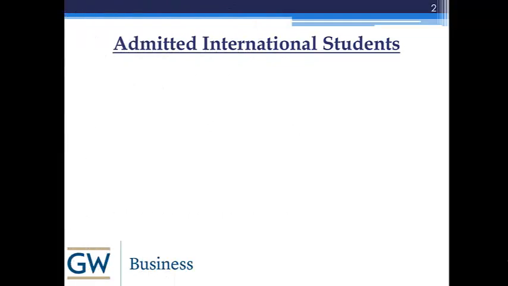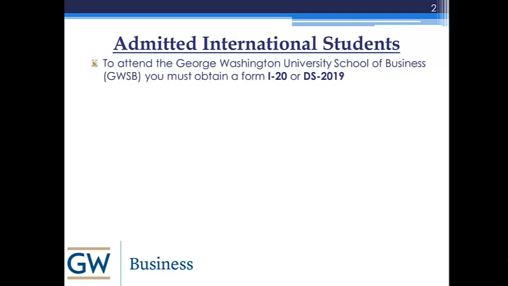In order to attend a university in the United States, you must obtain an F or J1 student visa. To obtain the visa, you must first receive a Form I-20 or DS-2019 from the institution you are planning to attend, in this case, the George Washington University School of Business.